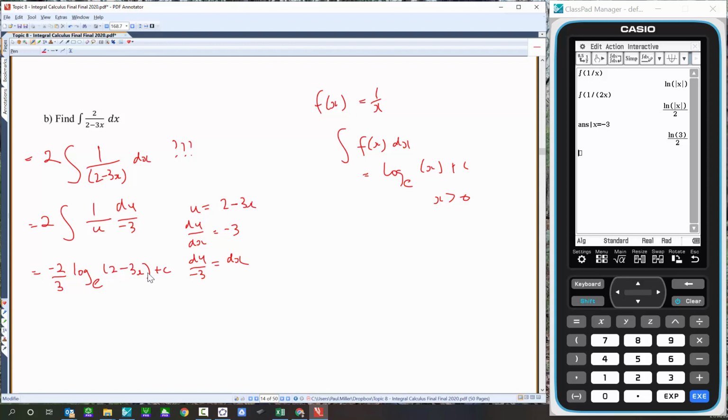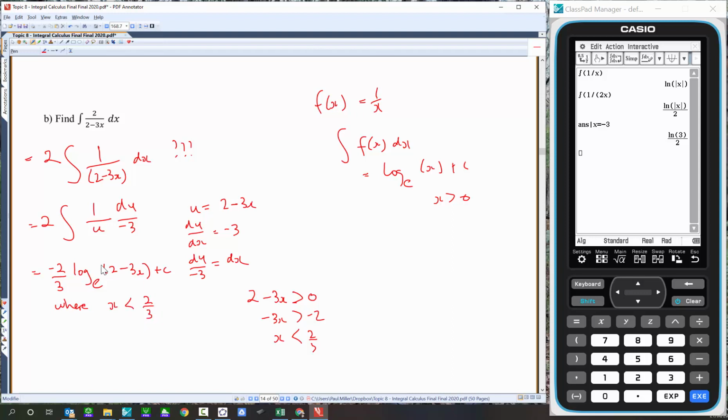Right, now we need to put the restriction in on our derivative. What we know is that 2 take 3x has to be greater than 0 for it to be able to log it. So that's going to be -3x greater than -2, x less than 2 on 3. So we're going to say where x is less than 2/3.